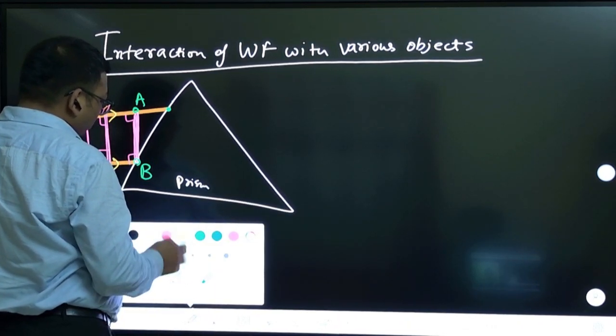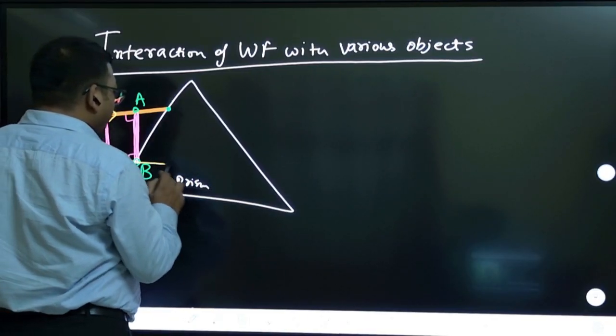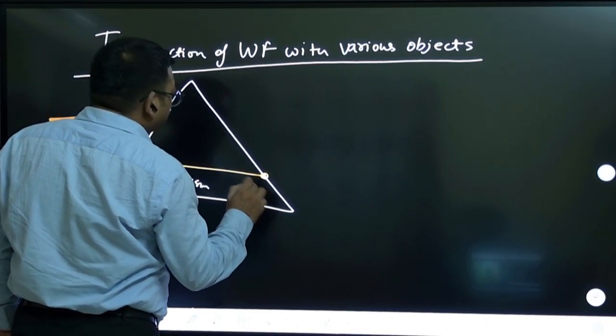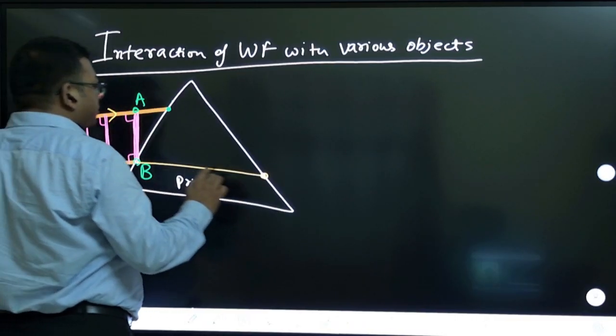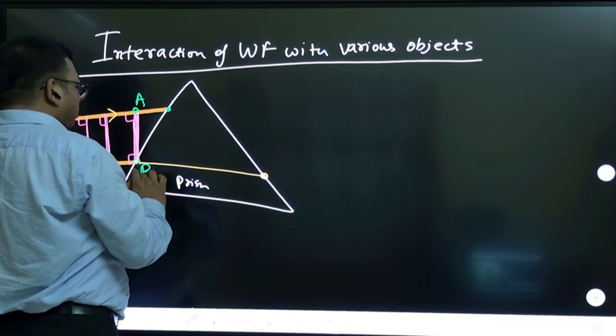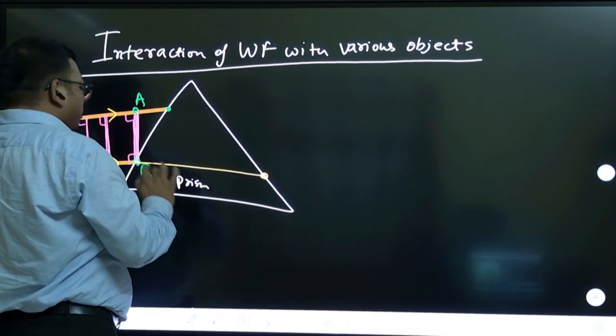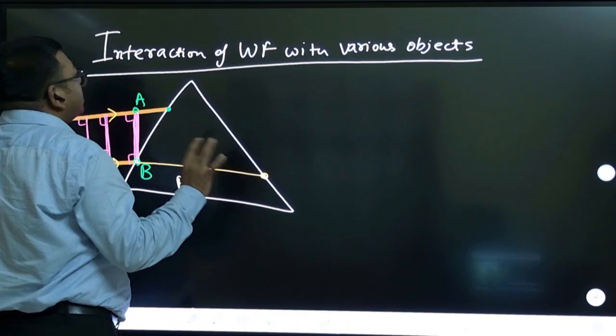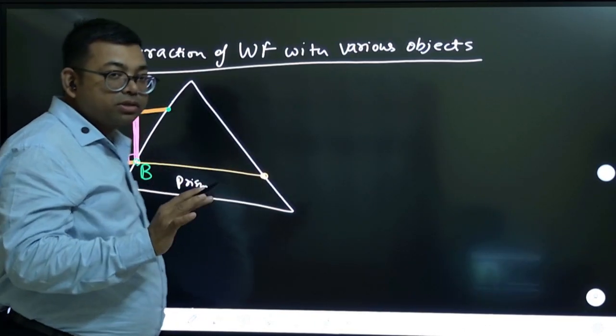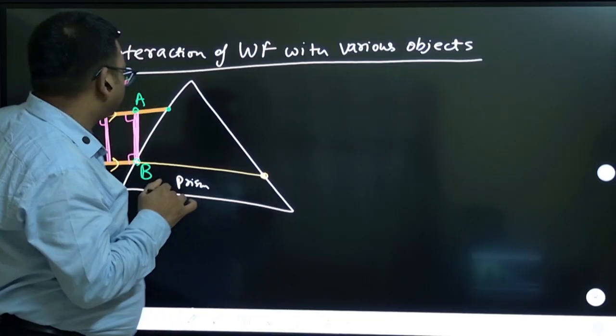Let us say while the wave comes from here to here, I'm just drawing a rough diagram here. This is the wave diagram, okay, not the ray diagram. Inside you may draw some ray diagram also, but right now we are not discussing ray optics, we are discussing wave optics. So note that.